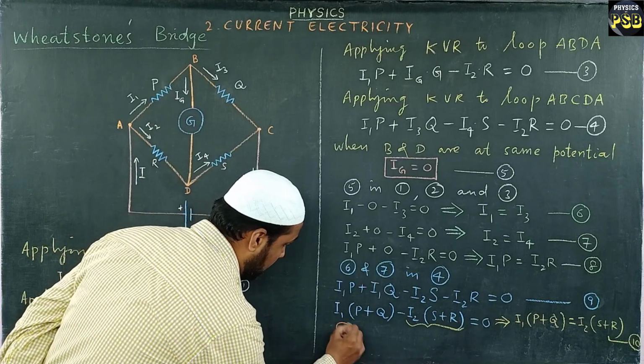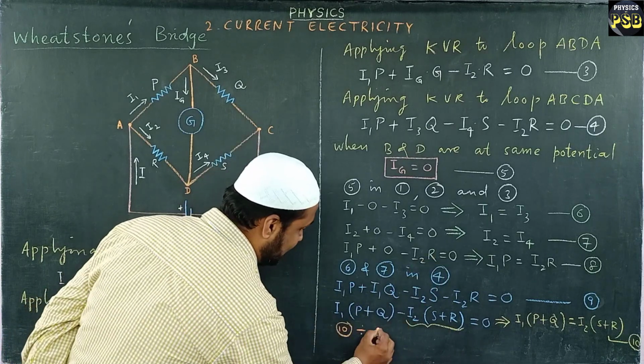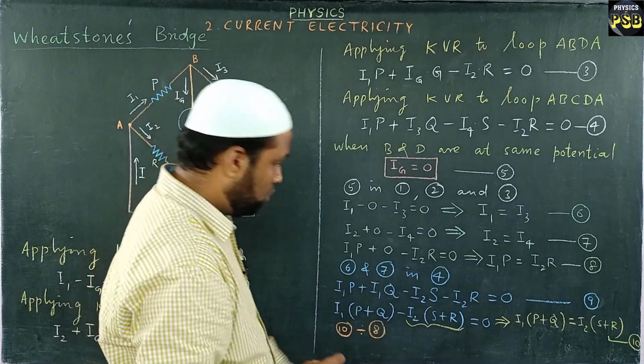Divide equation number 10 by equation 8. If I do so, what do I get?